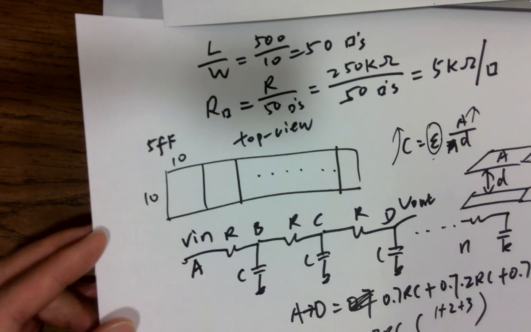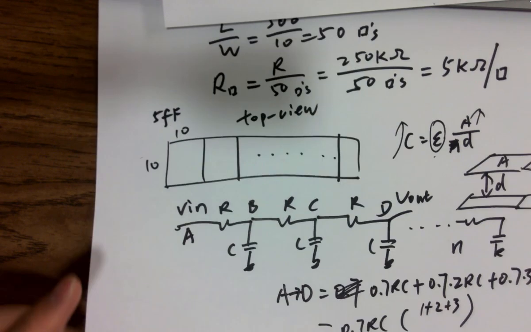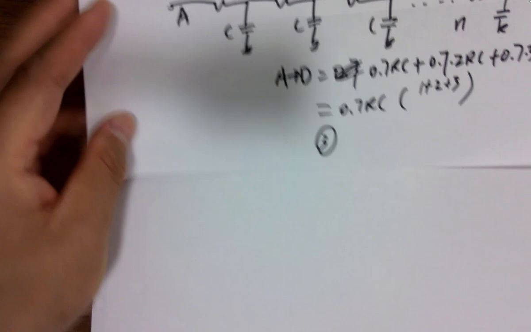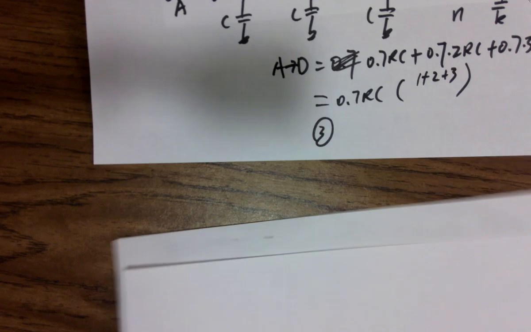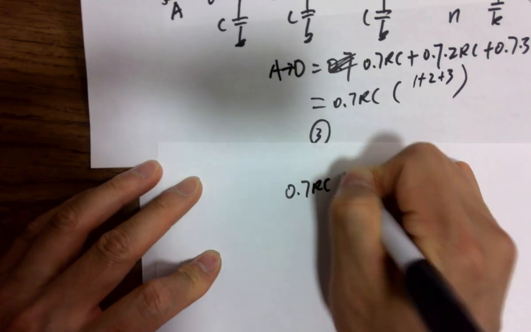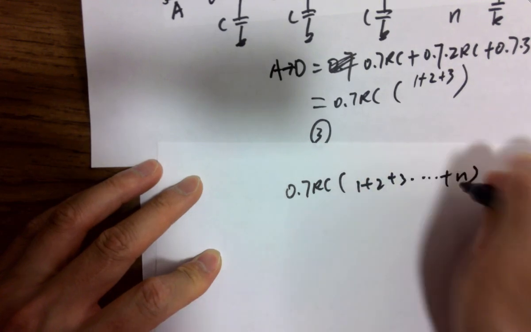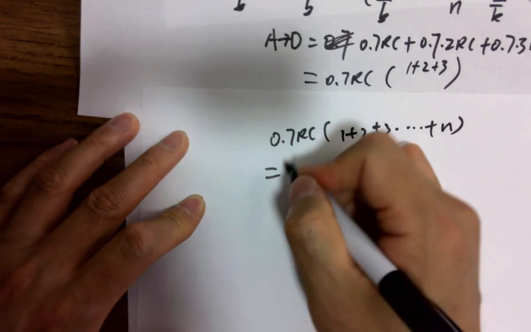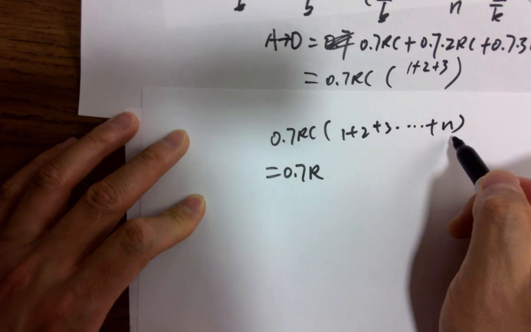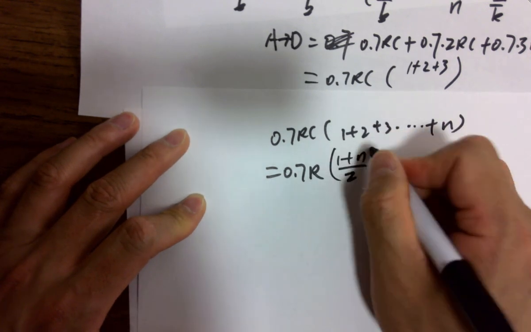We really want to draw a conclusion from that, because most of the N-well resistors are pretty big. So what conclusion can we draw from here? If it's n, then it becomes 0.7 RC times 1 plus 2 plus 3 up to n, and this becomes 0.7 RC. I think the equation for this summation is n times 1 plus n over 2. Is that correct?